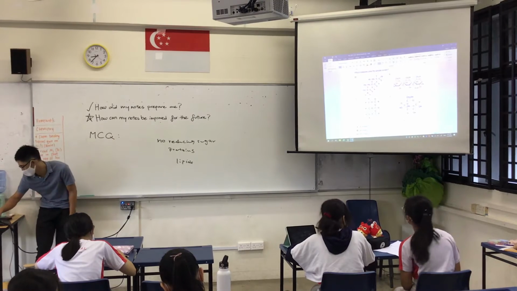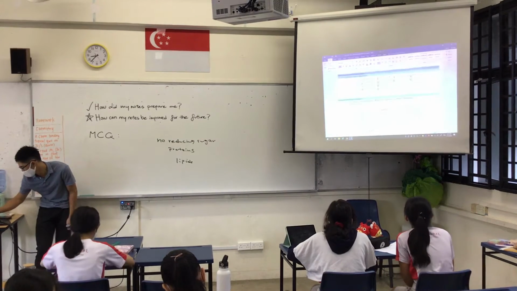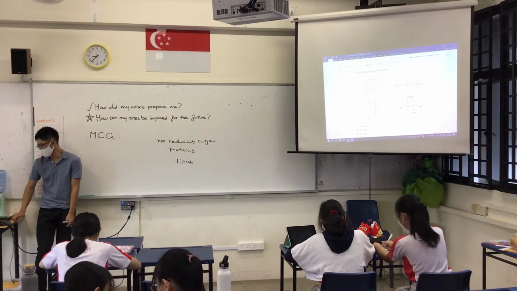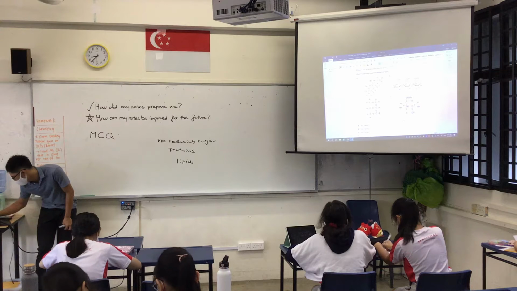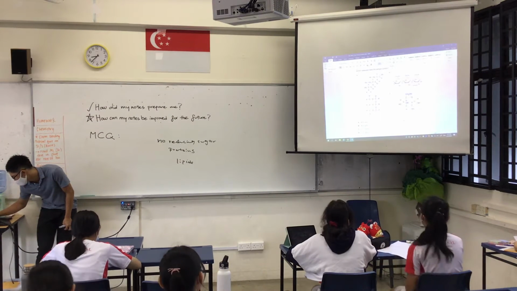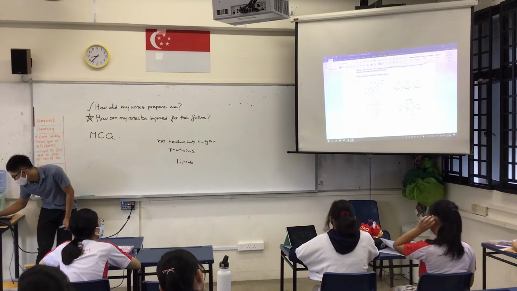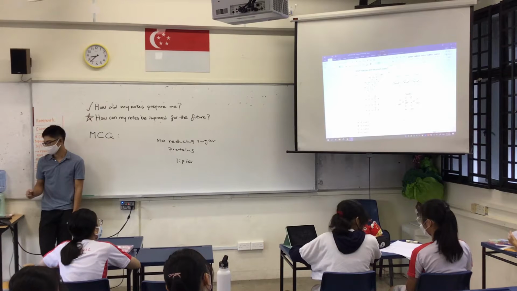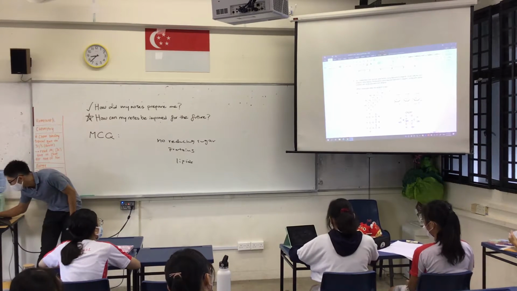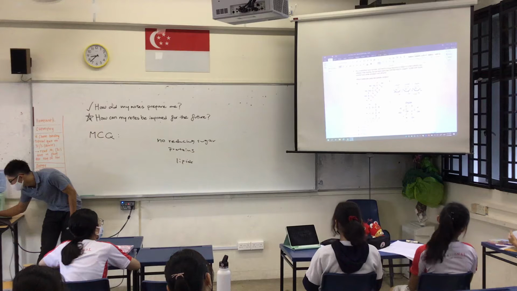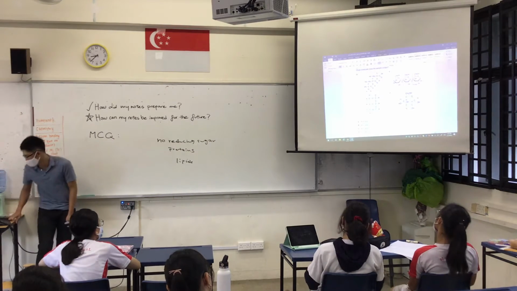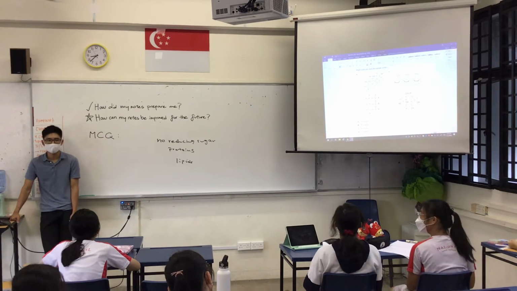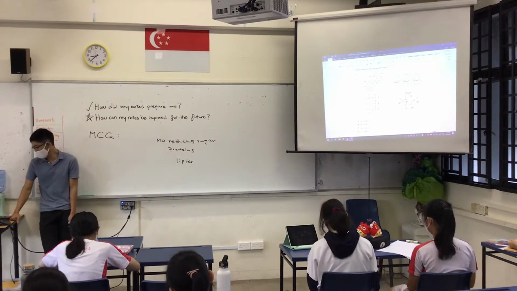Yeah? First one is A. What is A? W, X, Y. Okay, I do not think it's A. Okay, I think the answer should be C. Oh, wait, there's no sugar, right?